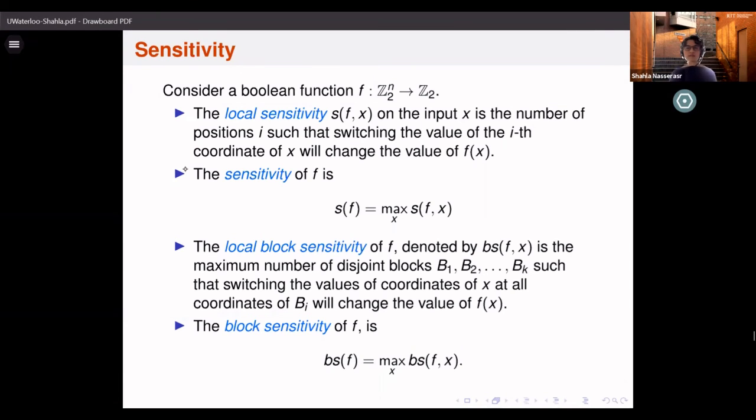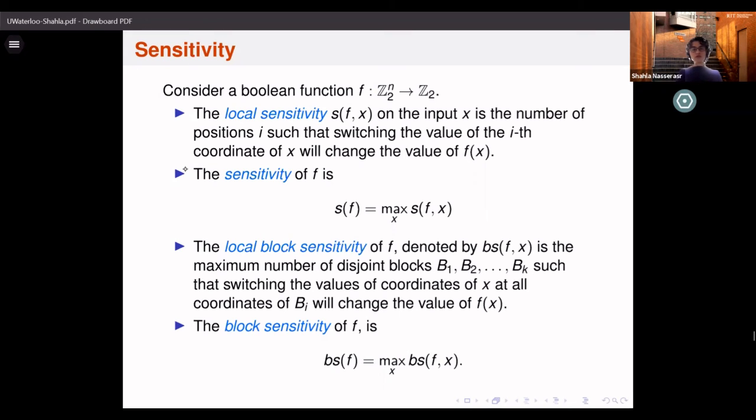And we have the local sensitivity, which is basically the number of positions in an input X, such that by changing the value of those positions from 1 to 0 or 0 to 1, the value of the function will change. And the sensitivity itself for the function f is the maximum of all those local sensitivities over all inputs.